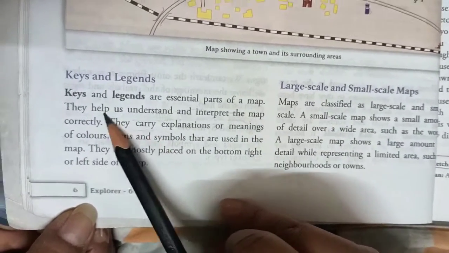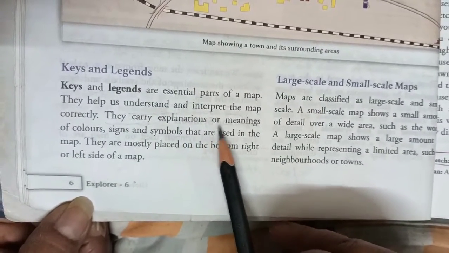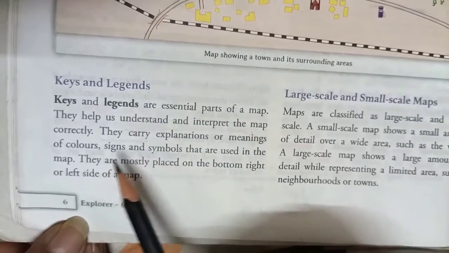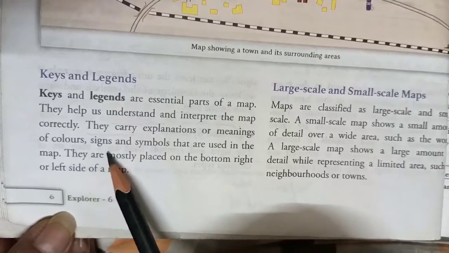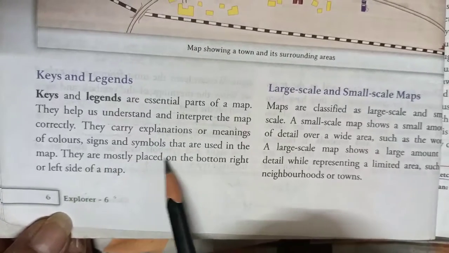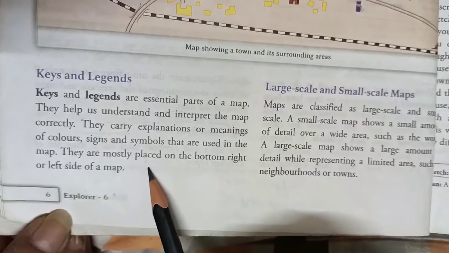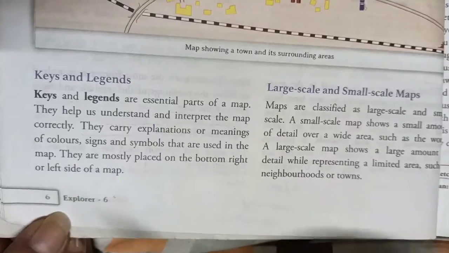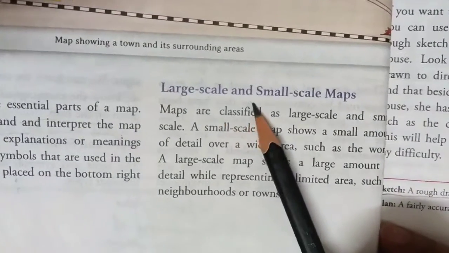These legends and keys carry the explanation or the meanings of the various symbols, signs and colors that are used in the map. And children, these are mostly at the bottom, either on the left side or the right side of the map, but it's always at the bottom of the map.